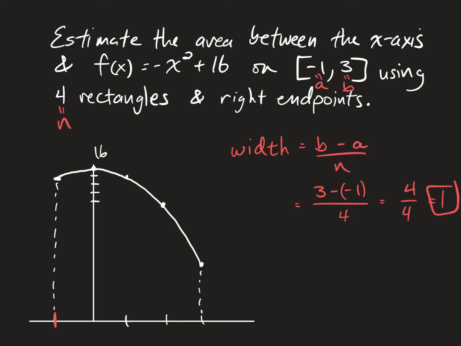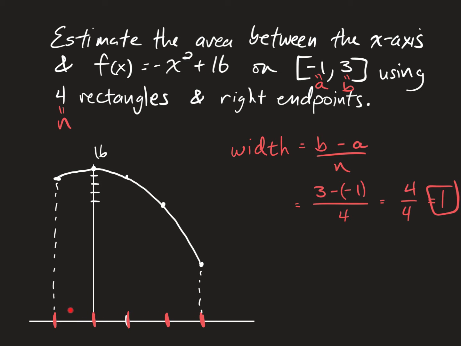So down here on the graph, I know each rectangle is going to have a width of 1. And you can see that one rectangle would be here, 2, 3, 4. Now from there, I said on the last slide, you would have to know whether you're using the right endpoints, the left endpoints, or the midpoint of each of these rectangle intervals.